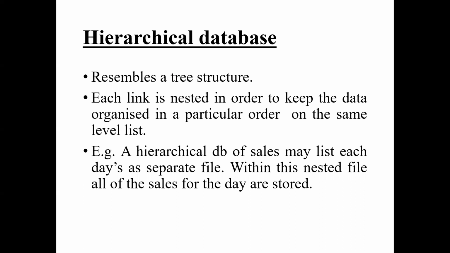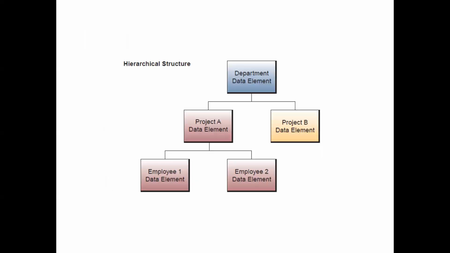Now, for an example, the hierarchical database of sales may list each day as a separate file. Within this nested file, all of the sales for the day are stored. You made a sales folder, and inside that there will be a separate file for each day. You can see this kind of structure.